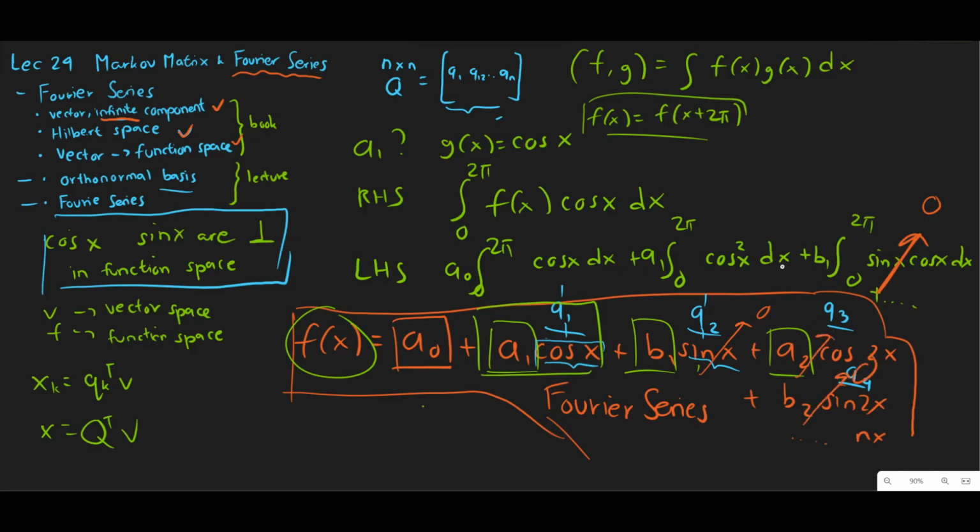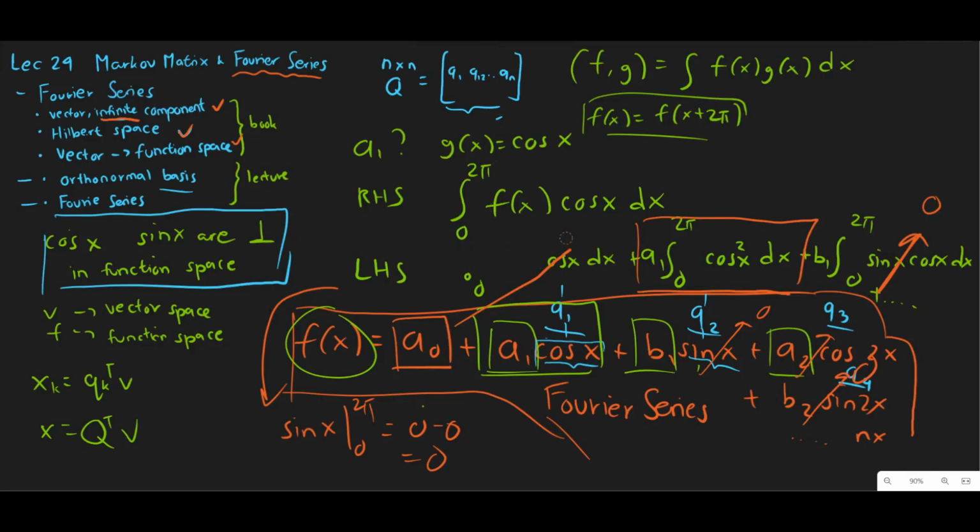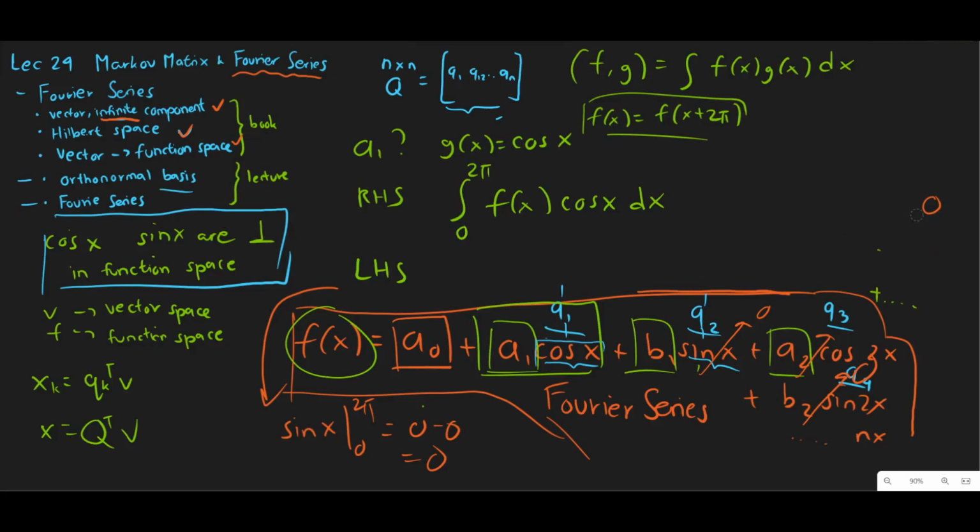And we are only left with this one term. Actually, the integral of cos x dx from 0 to 2 pi is also 0. I can prove this quickly because the integral is sin x, and going from 0 to 2 pi, sin 2 pi is 0 minus 0, therefore 0. This also goes to 0, so I will delete all of that.